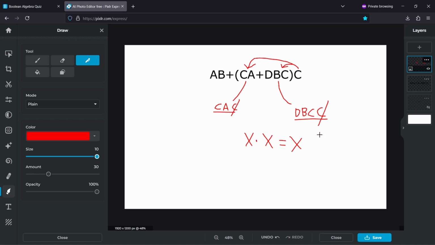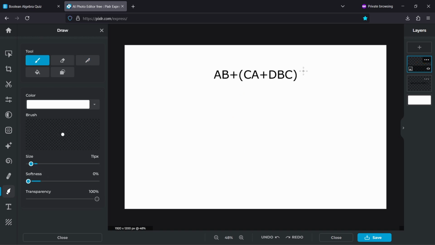So therefore, this C at the top is actually meaningless and doesn't have any effect on the final answer. So with that extra C out of the way, this is the equation we're left with. You can see it's just three separate terms all being added together.